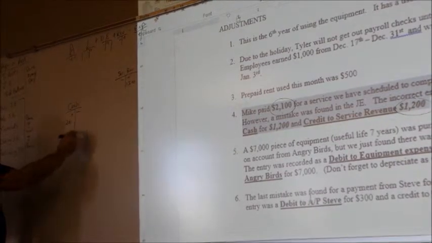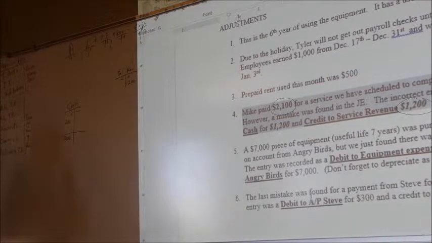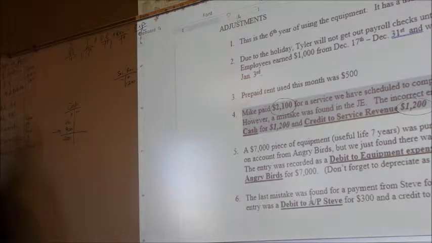Cash should have been $2,100. That's what the total should be in cash. Now what do I need to do to get to that point? Hopefully you say, I need to add 900, debit 900, because I didn't record enough cash up front by my mistake.